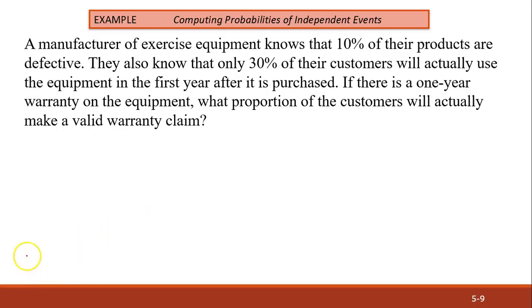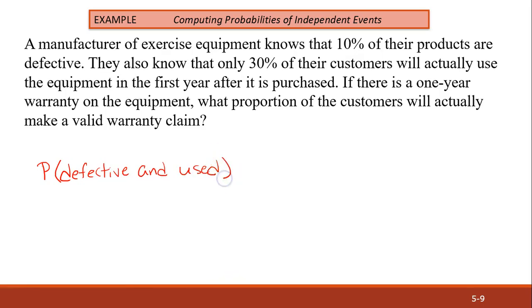In this one, to find the proportion of customers that will actually make a valid warranty claim, we assume that the defectiveness of the equipment is independent of the use of the equipment. So we find the probability that the equipment is defective and used.